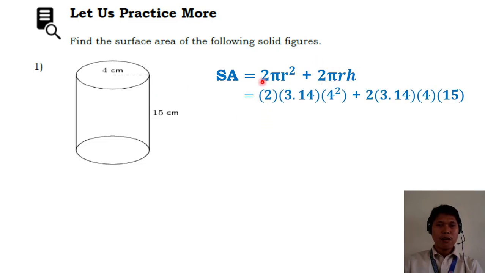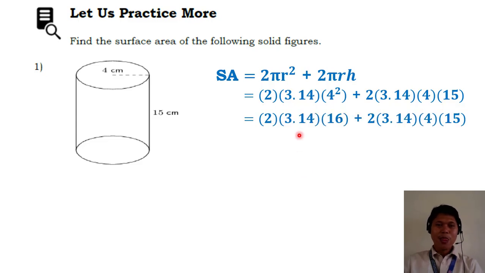So you have 2 times 3.14 times r is 4 squared, and then 2 times 3.14 times r, which is 4, and height is 15. So basically it's just substitution. If you have this radius and the height, you can solve the surface area of a cylinder. So just have the patience to substitute correctly each of the given dimensions.